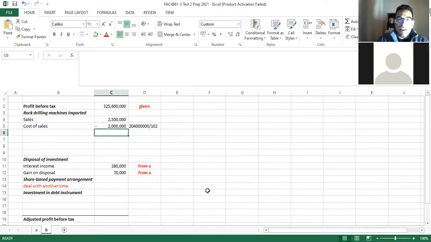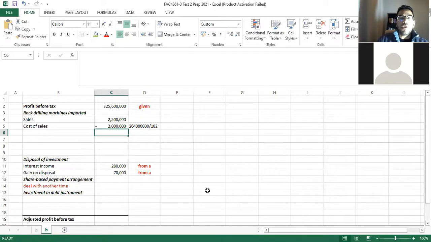So we dealt with the sale, we dealt with the cost of sales. What do we have to deal with still? We have to deal with the changes in foreign currency. Remember there are three issues you have to deal with. Number one, you deal with the date of transaction.